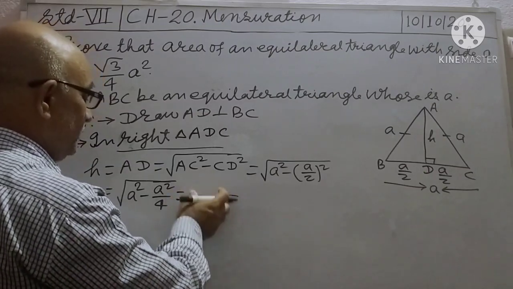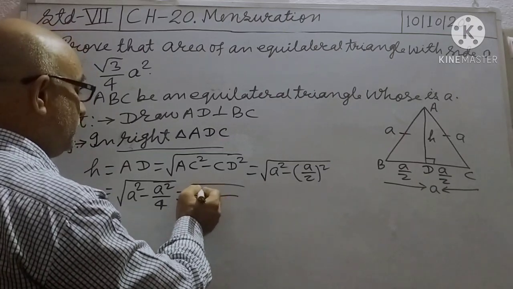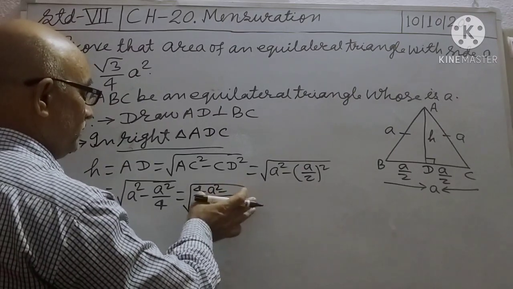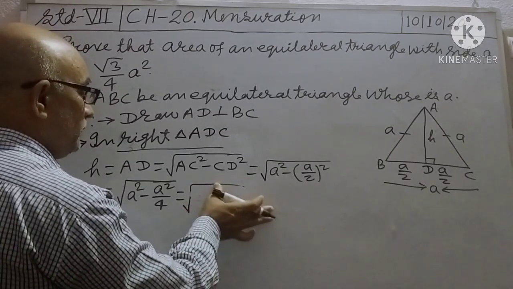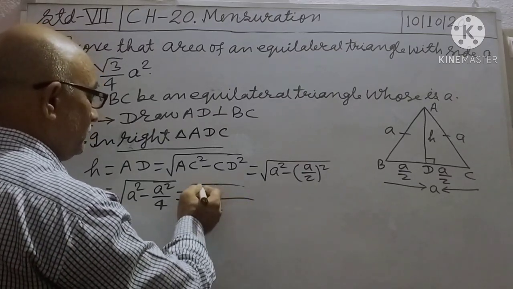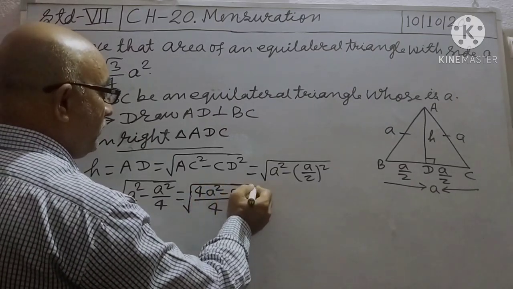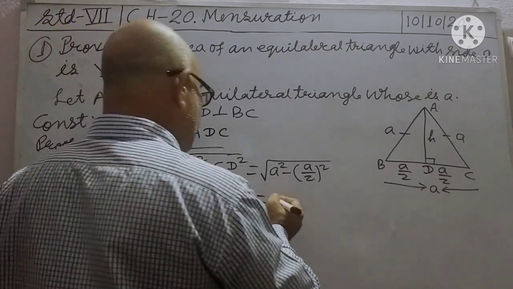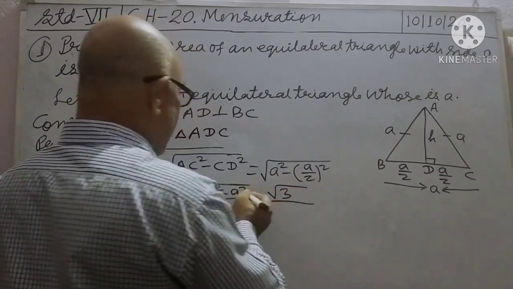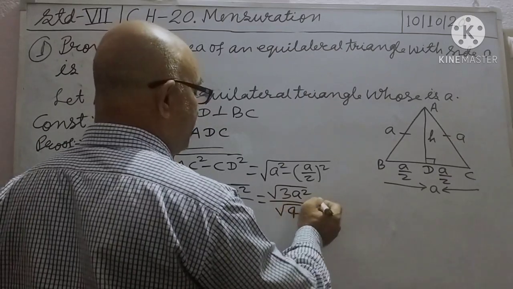Taking LCM 4, under root 4a square minus a square over 4, equal to root 3a square, and denominator is root 4.